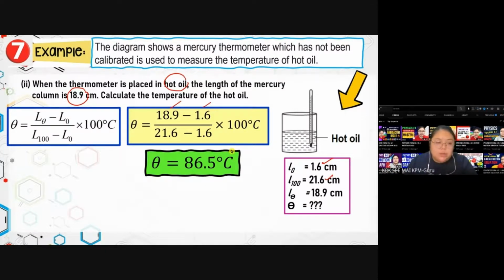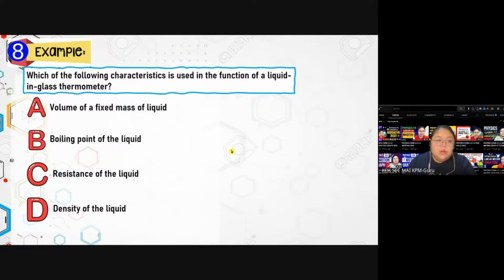Okay, so we go to the next example question. Example 8, from your notes it is number 6. Which of the following characteristics is used in the function of a liquid in glass thermometer? Okay, what characteristic are we using?